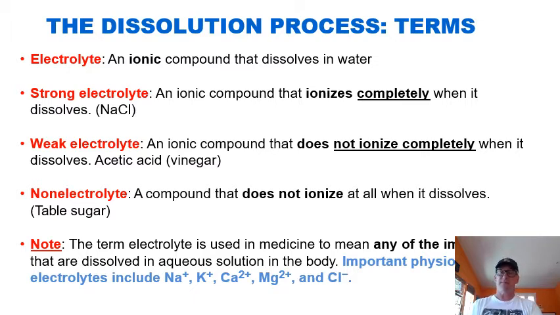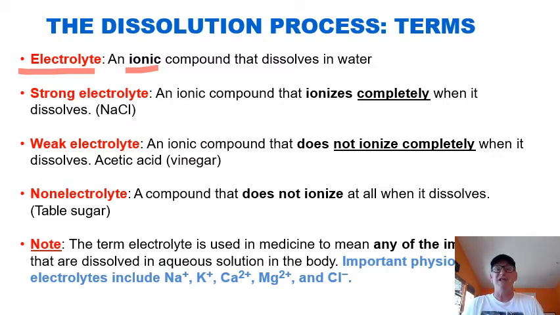So these are some of the terms where we're dealing with solutions. One you've probably heard of is an electrolyte. You see these all the time in Gatorade commercials and stuff, right? To replace your electrolytes. Well, an electrolyte is just an ionic compound that dissolves in water. That's all an electrolyte is. And there's two different kinds of electrolytes.